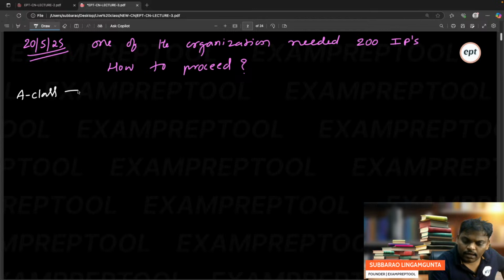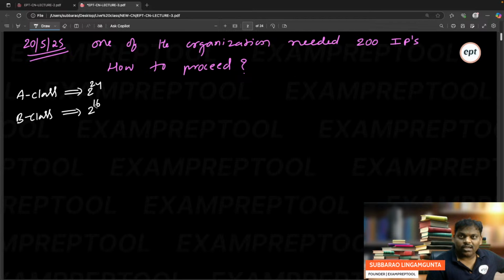If it is A class, the number of host IPs is approximately 2 power 24. If you go to B class, it is 2 power 16. I'm talking about IPs.